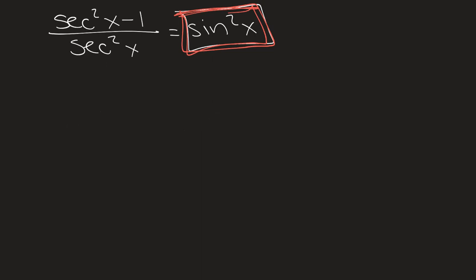As always, you should have your identities out with you. The identity we are going to look at first is that secant squared minus 1. We see the secant squared minus 1, and what on your sheet does it show that secant squared minus 1 equals?